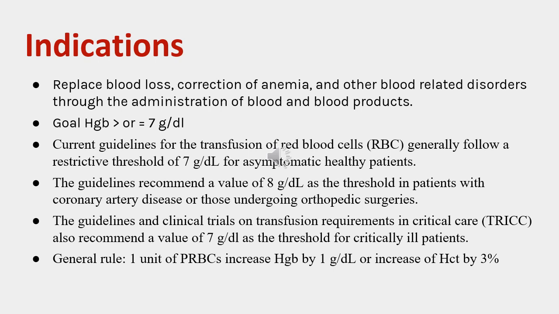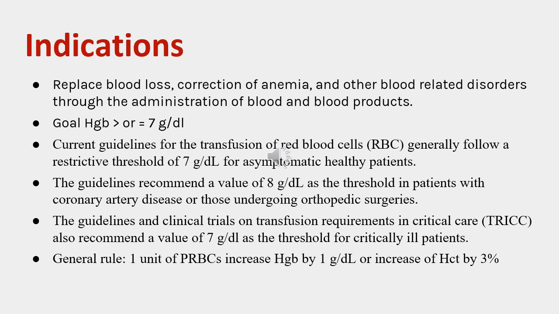In any case, the specific need will dictate what the treatment is and what type of blood product would be administered. For our organization, the most common blood transfusion that is provided is the transfusion of packed red blood cells, or RBCs, and that is generally for the correction of an anemia. By definition, anemia in men is a hemoglobin less than 13.5 grams per deciliter, and in women, less than 12 grams per deciliter.